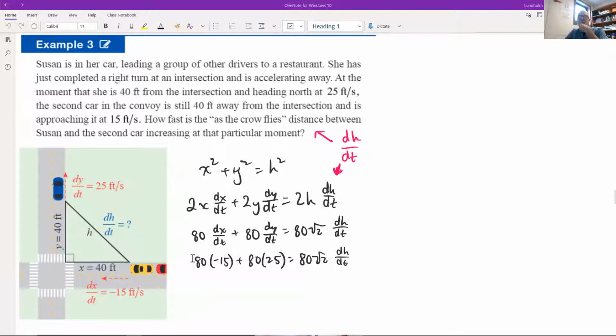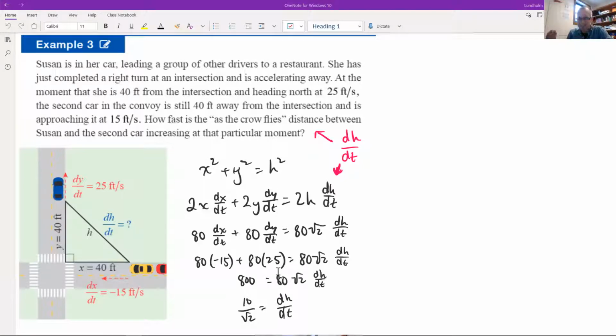Thinking about the distributive property here, 80 times negative 15 plus 80 times 25 would be the same as 80 times 10, which is 800. And then dividing both sides by 80 square root of 2, we would have 10 over the square root of 2 equals dH/dt. And that's a fine answer.